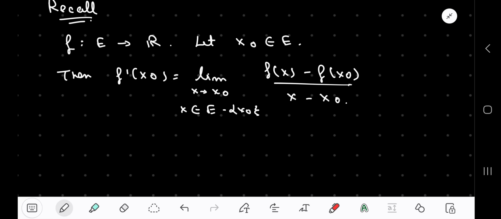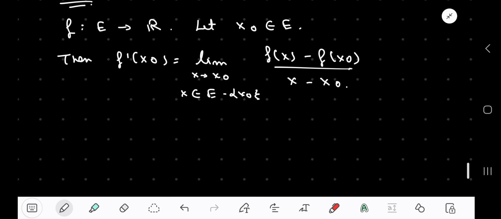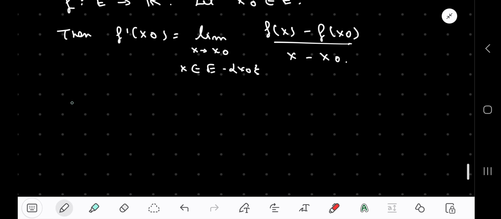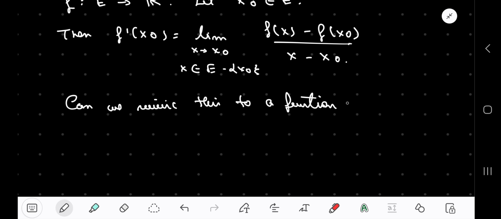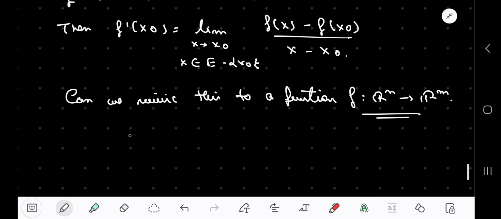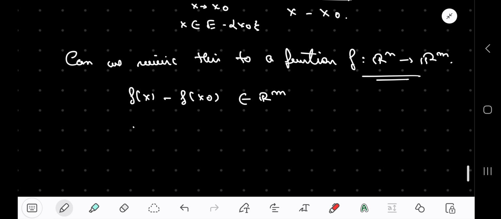Now the question is, can we immediately mimic this definition for an arbitrary case? Okay, so can this be mimicked to a function f from Rn to Rm? Now here is where the problem comes out. Observe that if I have such a function, then f(x) minus f(x naught) belongs to Rm, while x minus x naught belongs to Rn.